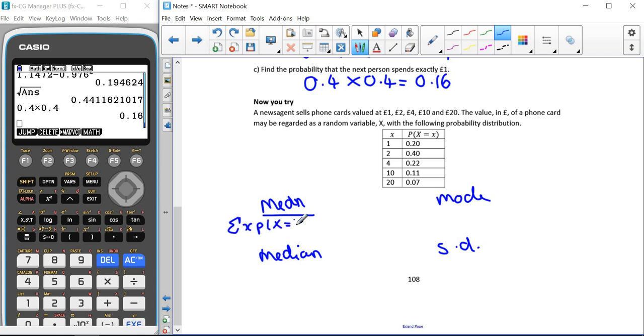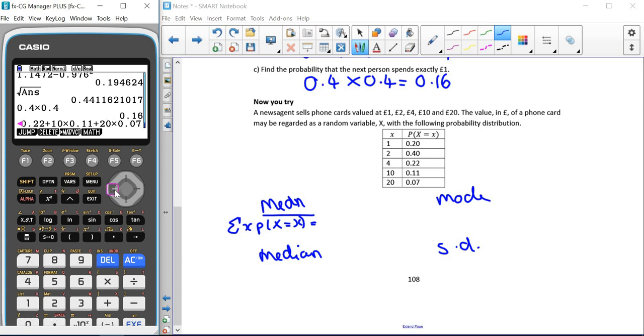which means that we're doing 1 times 0.2 plus 2 times 0.4 plus 4 times 0.22 plus 10 times 0.11 plus 20 times 0.07.